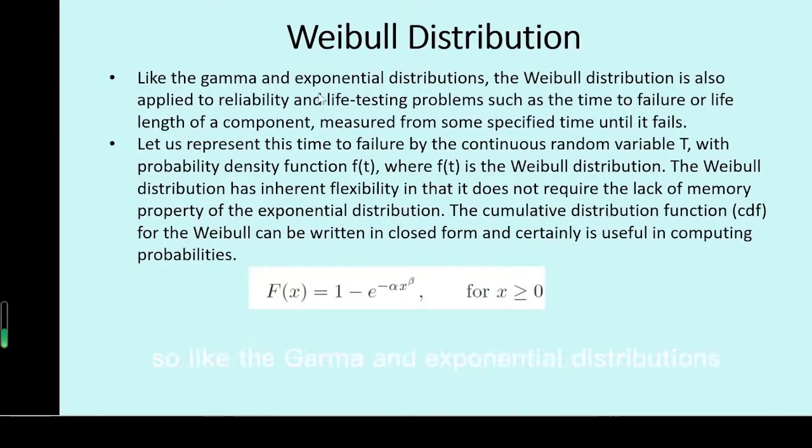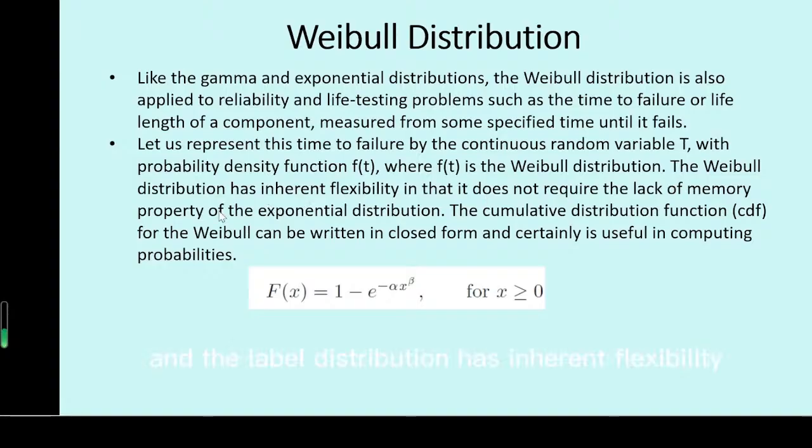Like the gamma and exponential distributions, the Weibull distribution is also applied to reliability and life testing problems, such as the time to failure or life length of a component, measured from some special time until it fails. So let us represent this time to failure by the continuous random variable T with probability density function f(t), where f(t) is the Weibull distribution.